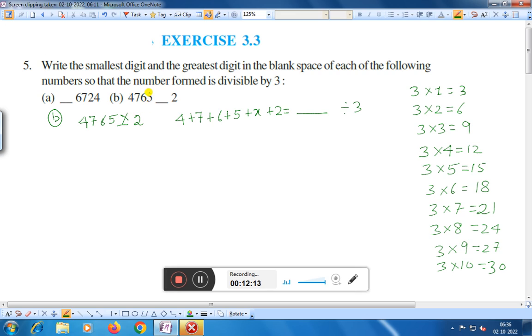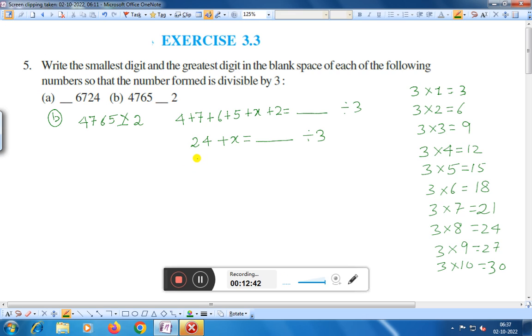Now if we add all the numbers, 4 plus 7 is 11, 11 plus 6 is 17, 17 plus 5 is 22, 22 plus 2 is 24. So 24 plus x should be divisible by 3, right?